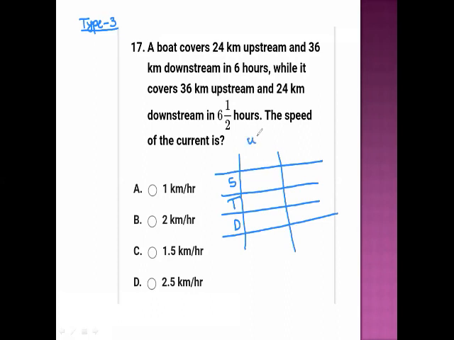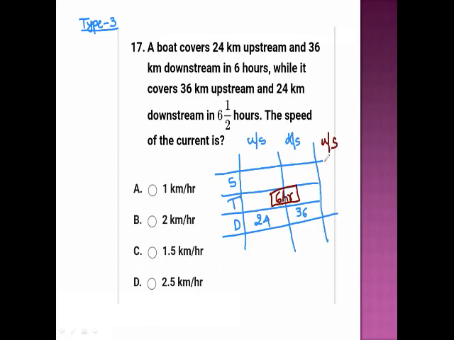The distance given is 24 km upstream and 36 km downstream. The total time given is 6 hours, which I am writing in between because this is the time covered for both upstream as well as downstream.